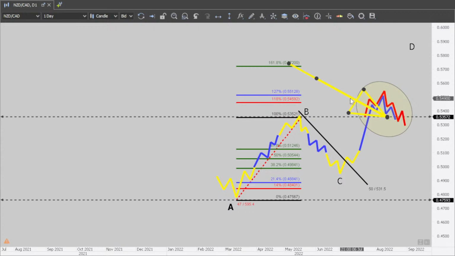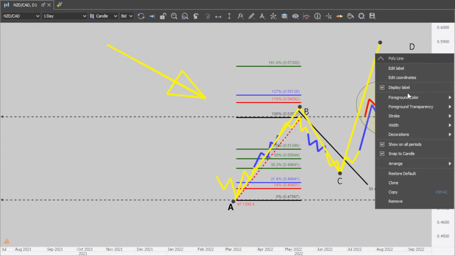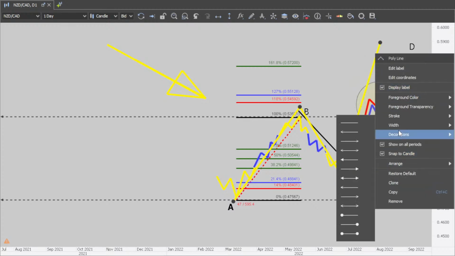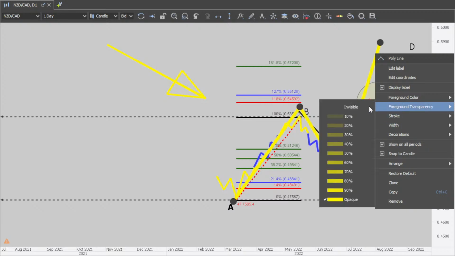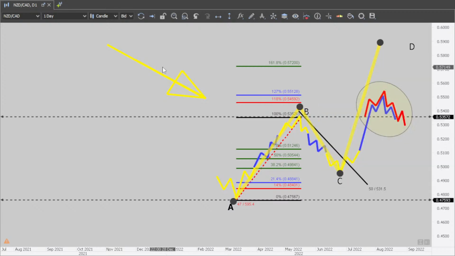Now, 7 times out of 10 the Fibonacci sequence or the market wave extension, retracement extension, is not going to change direction. This is maybe the most important thing that you're going to learn today.